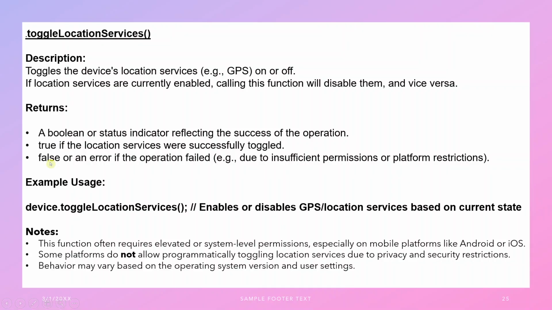It is false or an error if the operation failed, due to insufficient permissions and platform restrictions. The usage example is device dot toggle location services, which enables or disables the GPS or location service based upon the current state.